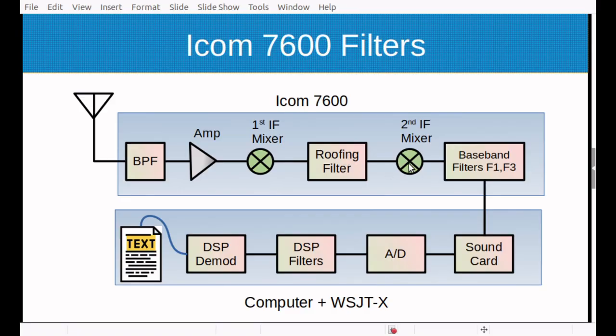And then we're going to go through a second mixer that will take us down to baseband. In this presentation, I've designed 2 filters that will be used to filter the baseband audio, F1 and F3, and I'll describe those shortly. But our goal, again, is to deliver to the sound card the best possible audio to make this efficient and as error-free as we can make it.